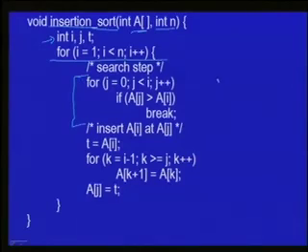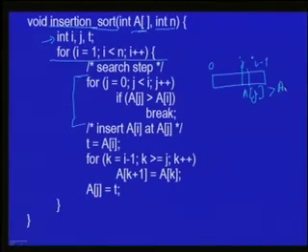So essentially what we have to do is, for j from 0 to i minus 1, we have to find the first value of j such that aj is greater than a of i, because a of i is what we are trying to insert here. So we start from 0 and we proceed towards a of i minus 1, and as soon as we find a j such that aj is greater than ai, we break from the loop.